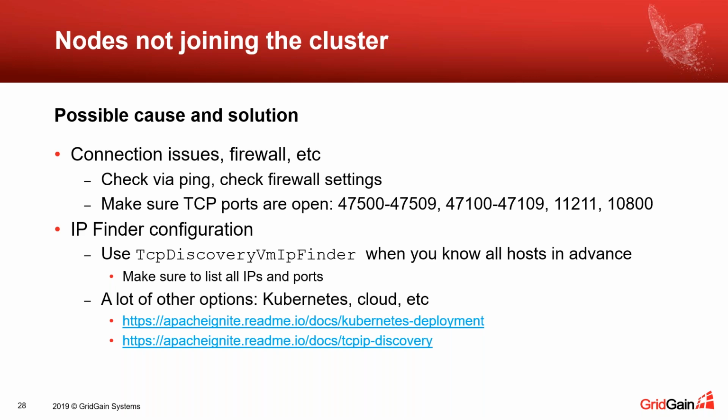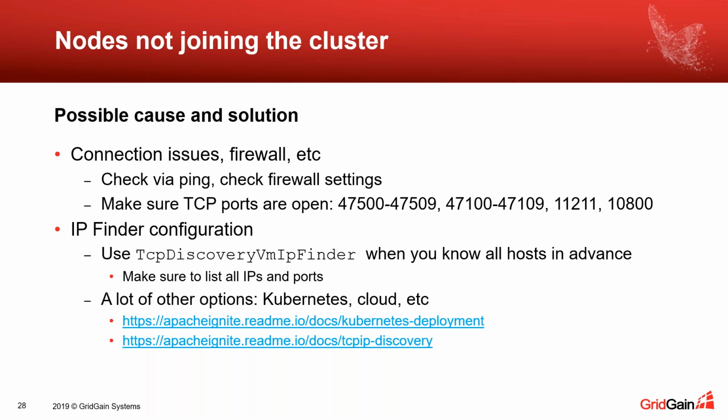And if all of that is okay, then the issue is likely with your IP Finder configuration. IP Finder is a component in Ignite that is responsible for nodes finding each other's IPs. This is the component that you need to configure to properly discover other nodes.